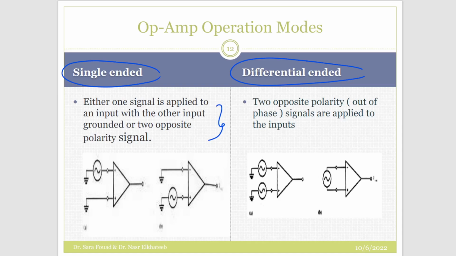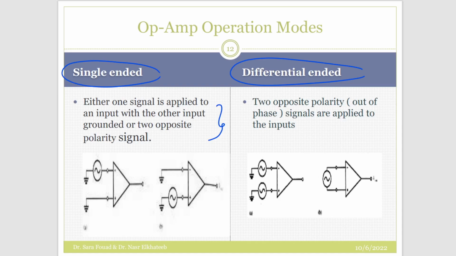So this actually means that in this mode we input one signal only. That means that we have one signal, one wave, that we need to input to the op amp, and we do not need the difference between two signals.